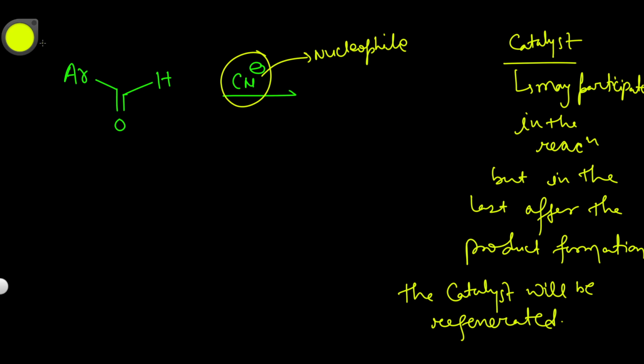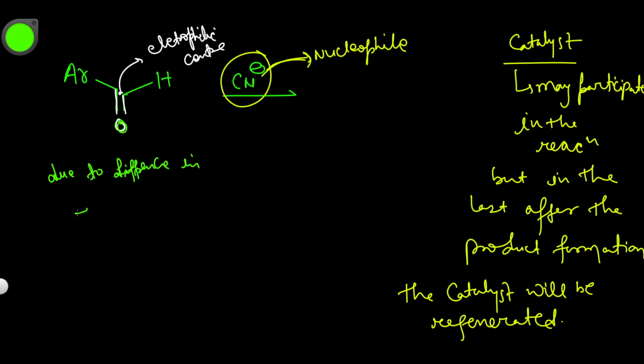So what happened? We are saying this CN minus is a nucleophile. You already know that. You are also seeing here a carbonyl functional group, C double bond O, and this center is an electrophilic center. Why is it an electrophilic center? Because of the difference in electronegativity of carbon and oxygen.